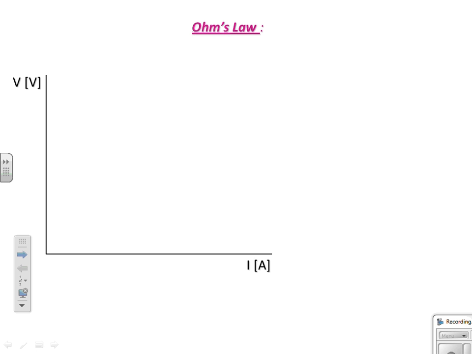So Ohm's law, I'm going to say for circuit elements that are what we call ohmic, says that current and voltage are directly related.